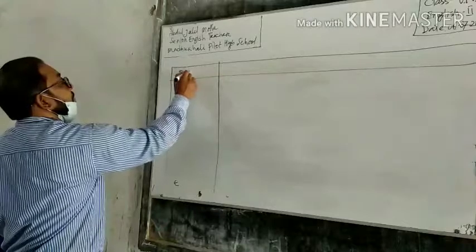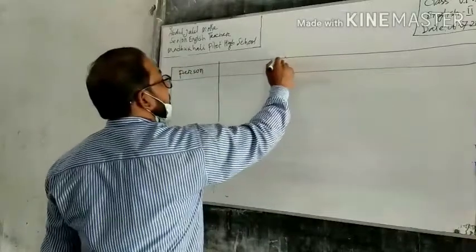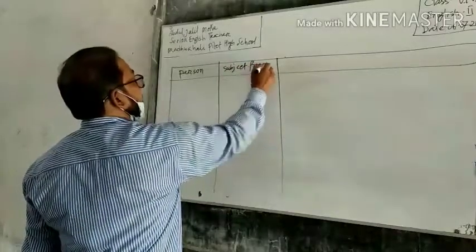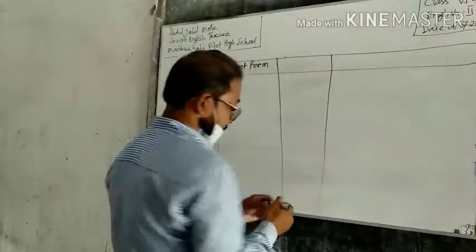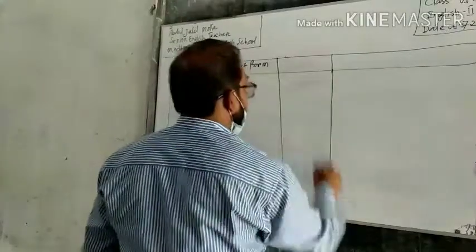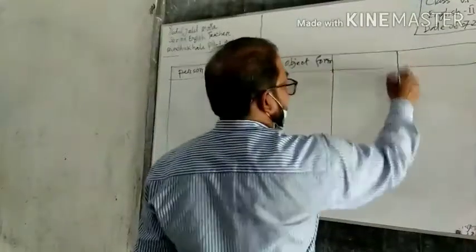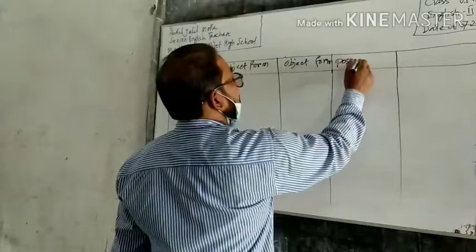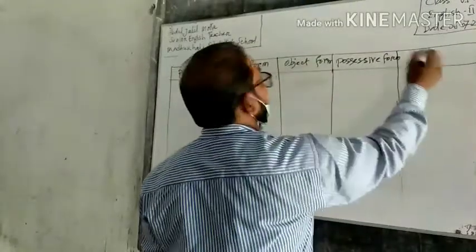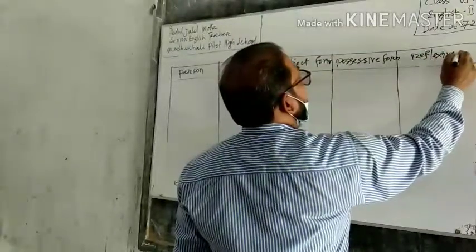Here, person, subject form, object form, possessive form, and another point is reflexive form.